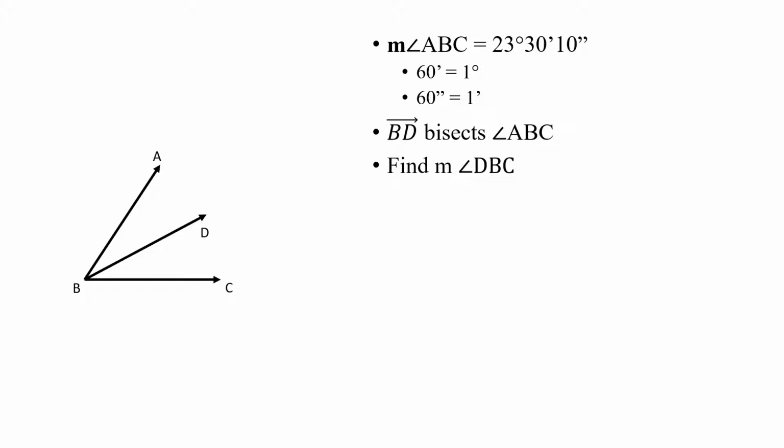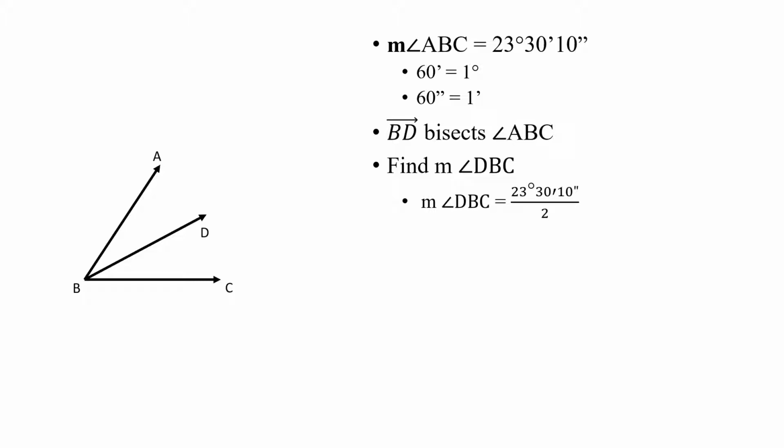So we know that the measure of DBC will be half of the measure of angle ABC. Normally it would be really simple to find out how many degrees that is, but because of the way the seconds and minutes are set up, it's a little bit difficult. So I want to show you a trick on how to deal with that arithmetic.